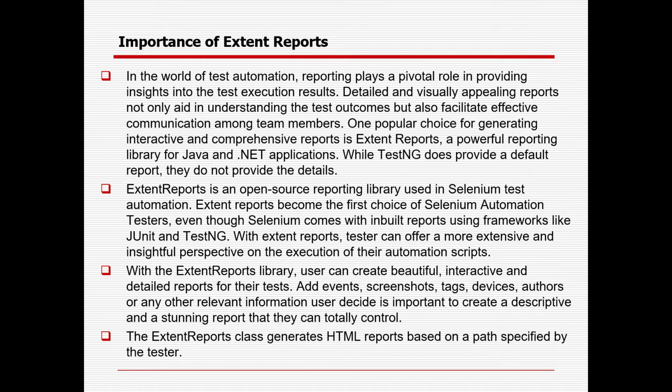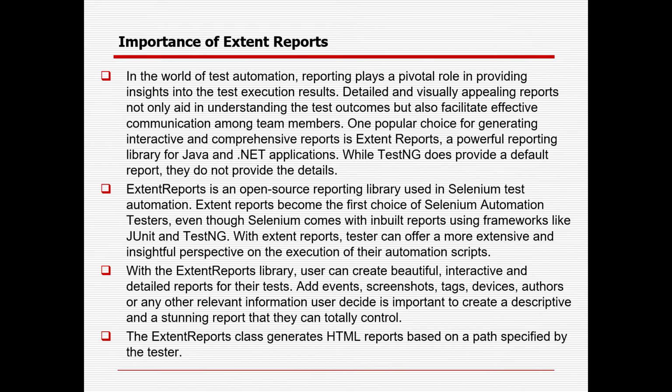Extent report has become the first choice of Selenium automation testers, even though Selenium comes with an inbuilt report using frameworks like JUnit or TestNG. With Extent report, testers can offer a more extensive and insightful perspective on the execution of their automation scripts. With the Extent report library, users can create beautiful, interactive and detailed reports for their tests.